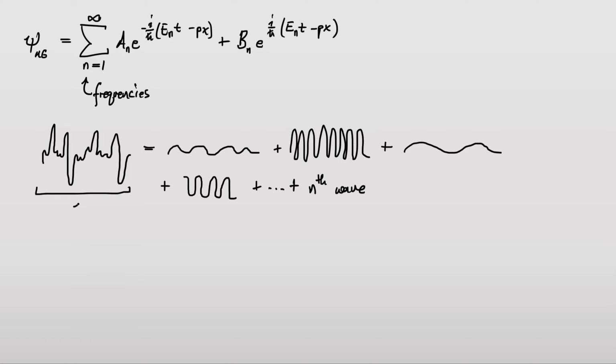This is our solution, and it's a sum of all these other solutions: psi sub 1, psi sub 2, psi sub 3, psi sub 4, and psi sub n, right? This right here is a solution to our Klein Gordon equation, and it can be decomposed into other, more simple solutions.